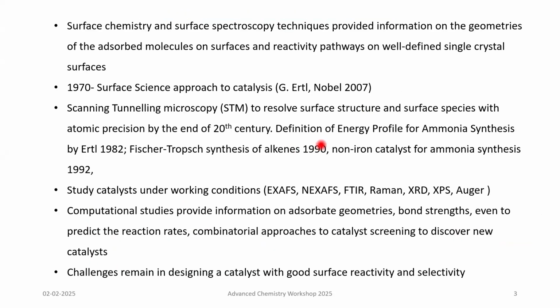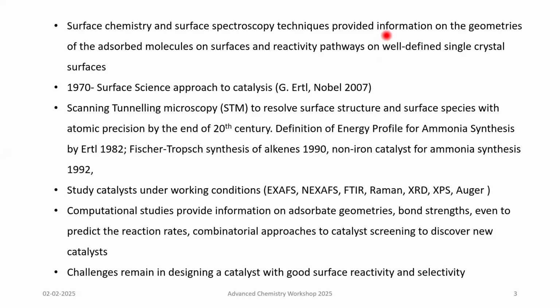Now, what happened then is that surface chemistry and spectroscopy techniques started coming up. Catalysis is nothing but some reactants adsorbing on the surface, undergoing transformation and producing products, and then the products have to desorb. So, you need to understand all these steps to get the mechanism and understand the reaction rates.